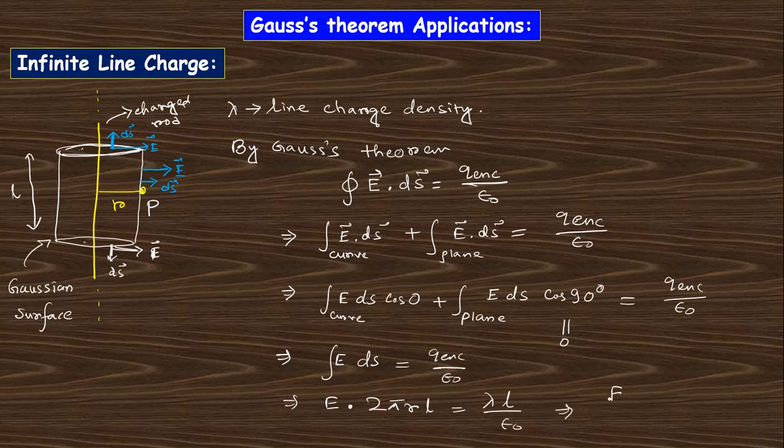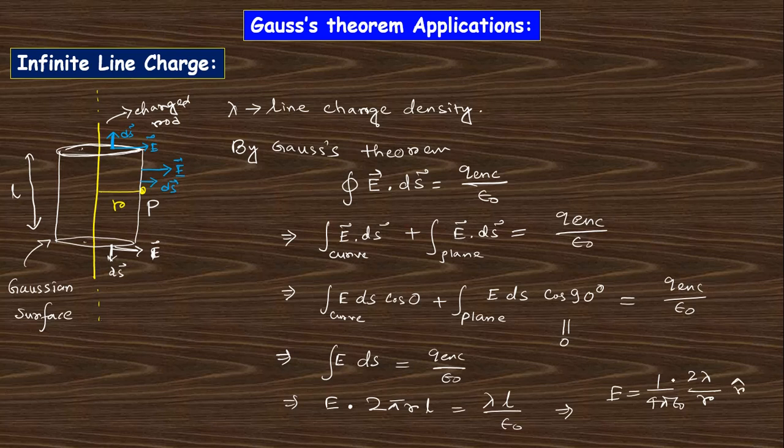So finally we get E equals 1 by 4 pi epsilon naught. If you take 4 pi epsilon naught, you must multiply 2 lambda by r. Clear? 2 lambda by r, L cancels out. And this direction is along r cap.